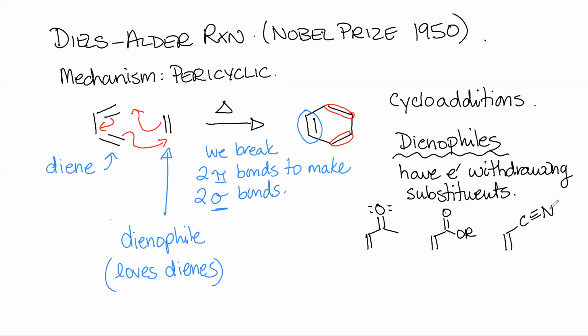In each one of these examples, I can draw a resonance structure, going back to our friends the resonance structures, in which we move electrons onto electronegative atoms like this. I'll just draw the resonance structure down here.